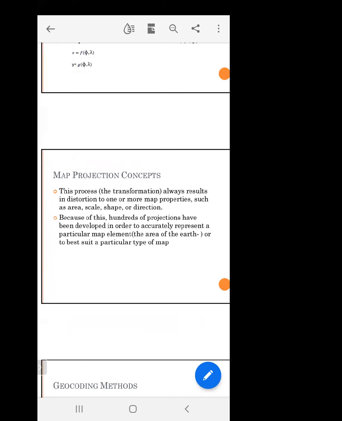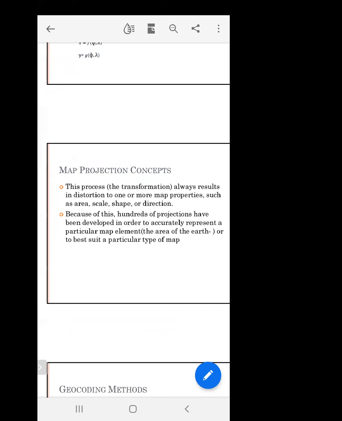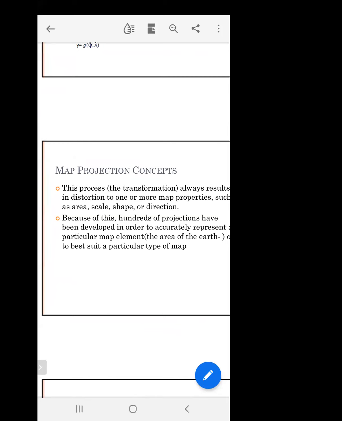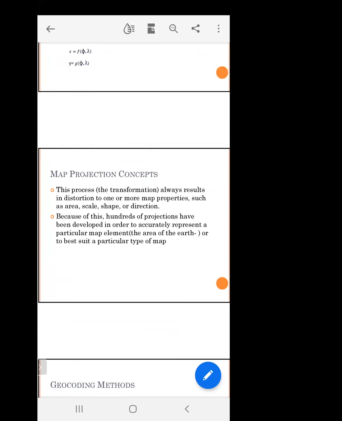So when you actually transform it, you're going to have issues. You're going to have some problems. Some of the shapes aren't going to remain the same. Some of the directions too, you're going to miss. So you appreciate what it takes to actually fly an aeroplane from one airport to the other. After this lecture, you appreciate it more.